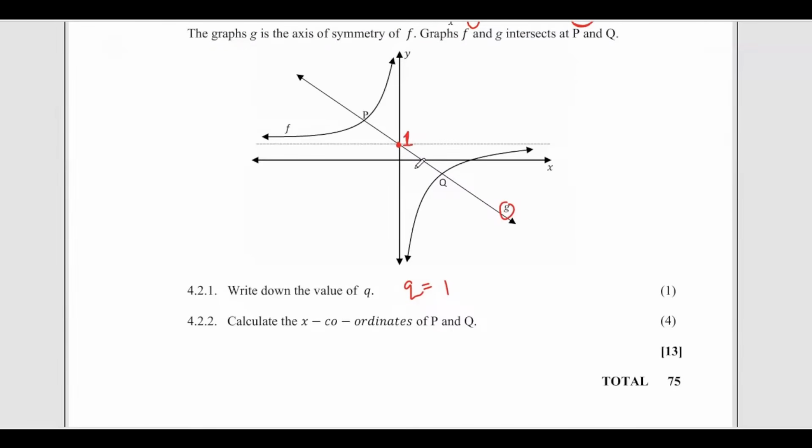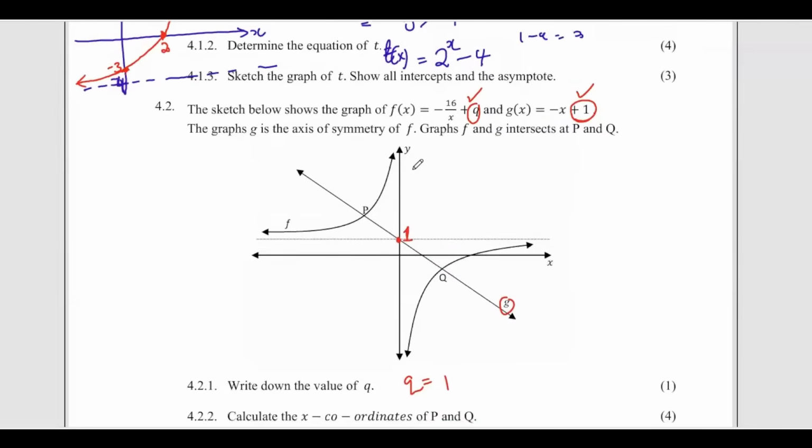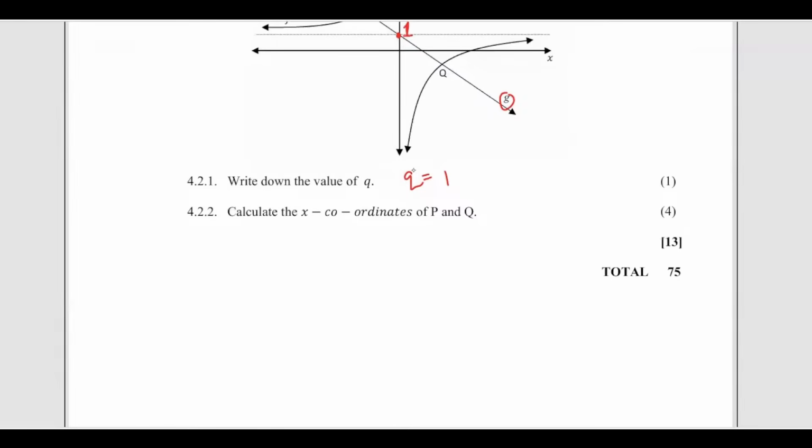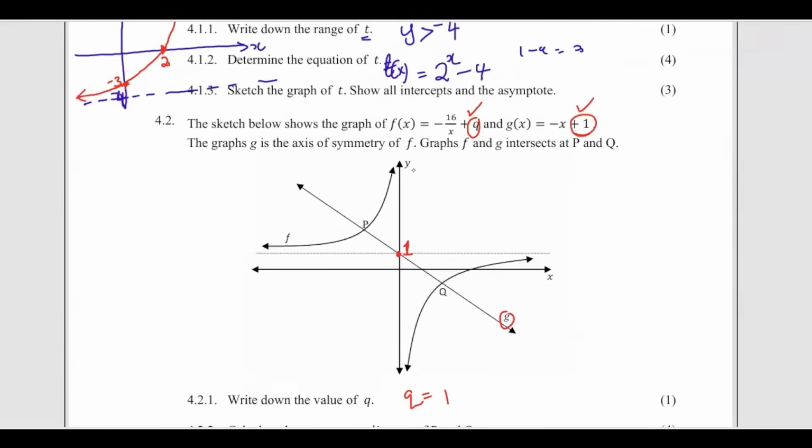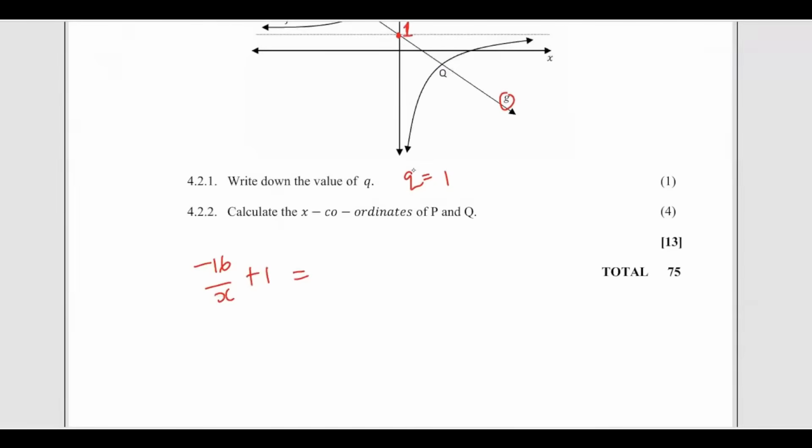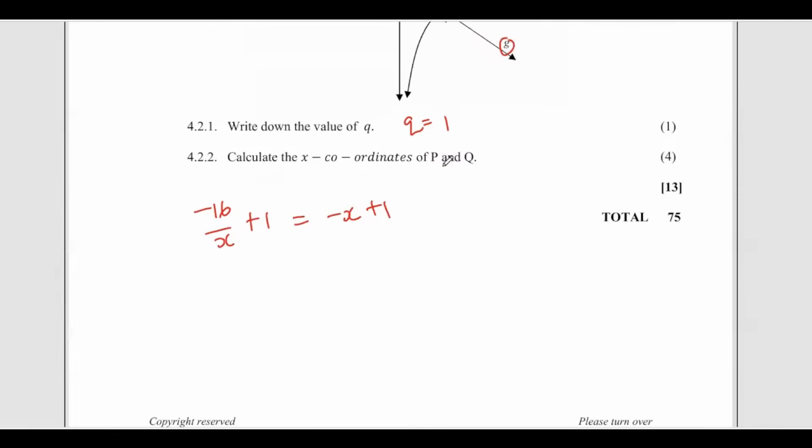So P and Q, that's where the two graphs are meeting, and we're going to equate both graphs, okay? So we're going to have -16 over x plus 1 equated to -x plus 1. Now always try to create a quadratic by multiplying through by x. So times x on each term, meaning that this cancels that. -16 plus x is equal to -x squared plus another x, so the x's cancel.